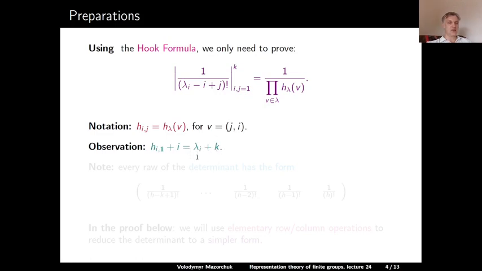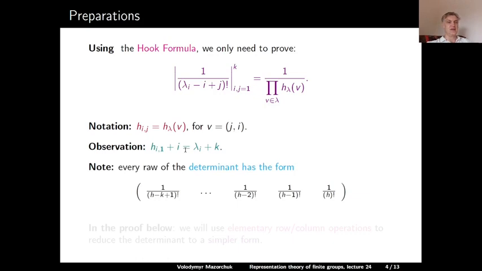So lambda i plus k is exactly the number of boxes in the i-th row of lambda, this is lambda i, and in the first column of lambda, this is k. So note that the box in the first column and in the i-th row is counted twice here. And here we have the hook for that box plus the height of that row.